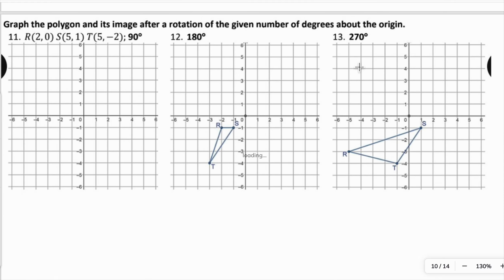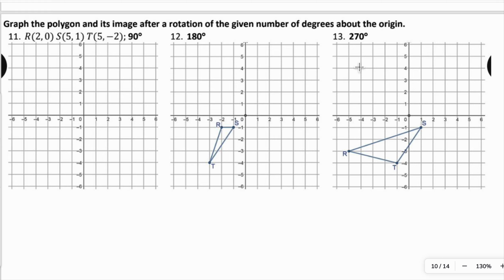The last one, we're rotating 90, 180, and 270. You can either rotate your paper, so this will be easier if you have the paper in front of you. So if I have 2, 0 for R, 5, 1 for S, and 5, -2 for T, and I'm rotating it 90 degrees counterclockwise, that means it's going to end up somewhere around here.